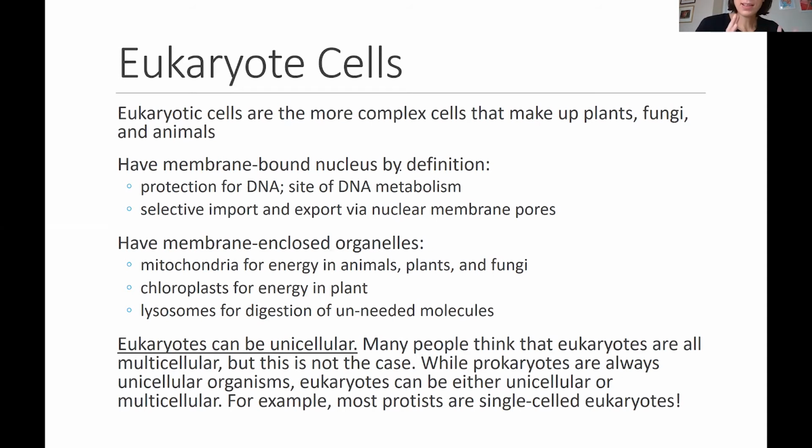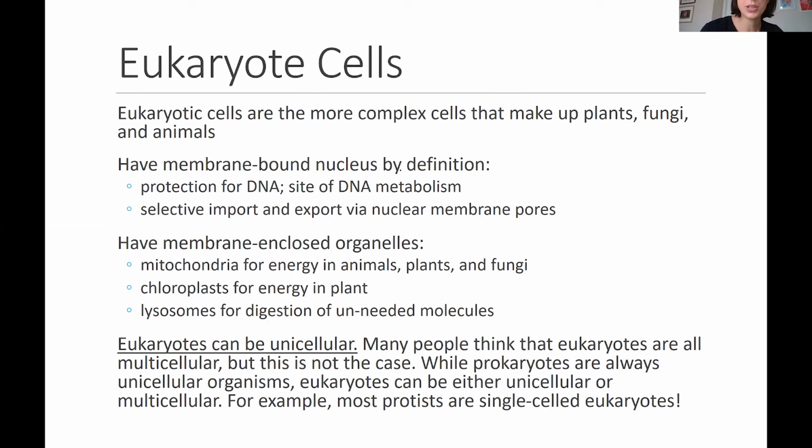Again, the main component that makes them eukaryotic compared to prokaryotic is that they have a membrane-bound nucleus. This is an area that protects the DNA. It's also the site of DNA metabolism. The membrane itself is important because it's selective. It allows import and export only via these membrane pores.